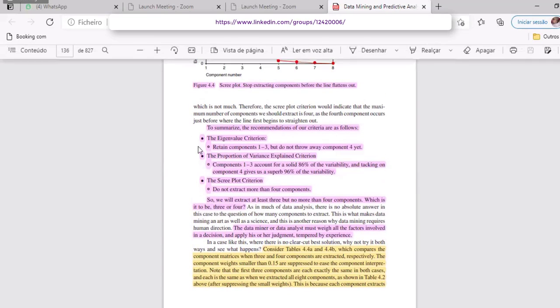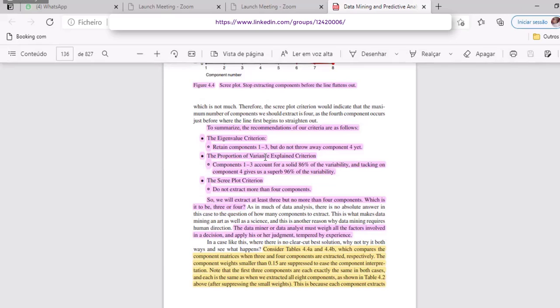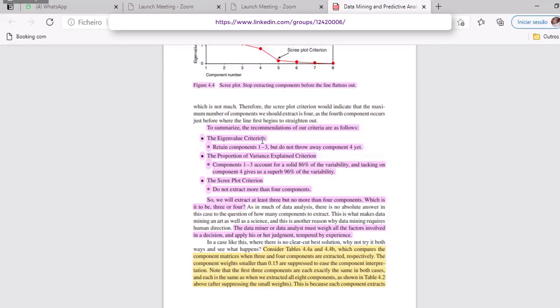So this is the summary of the criteria so far, which does not include the communalities. By the eigenvalue criterion, we should put component 4 aside for now because it doesn't reach the value of 1. And the proportion of variance explained criterion, as I said before, depends on the value that you want to settle for as an analyst.